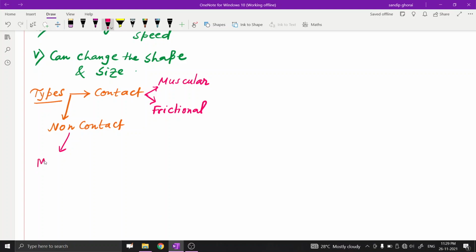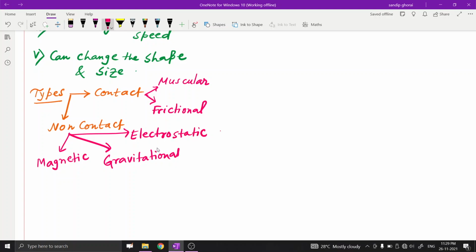So here we take magnetic, gravitational, and also electrostatic, and so on. What is magnetic force? It is the force between two magnets or one magnet and one magnetic substance.